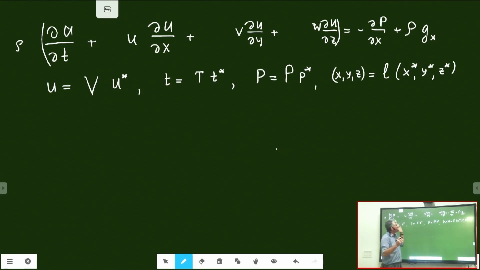All right? So what I will ask you to do is to replace every single term in these dimensional equations with their scaled version. Let me show you what I mean. So rho, this one is du, and this will be u star, du star by dt star. And of course, because these are constants, we can pull them out of the derivative. So this will be v divided by t.